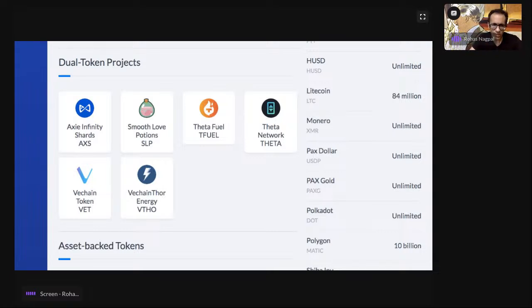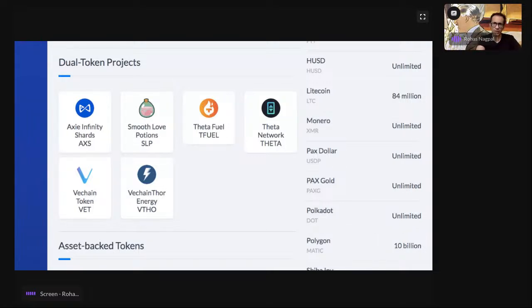But now I'm beginning to see that startups and projects are looking at this very seriously. They've all begun to realize that for most projects, a single token doesn't make sense. So I believe in the long run, every project would have at least two tokens. One would be controlling its ownership, whether it's a DAO token or a security token, that's a different thing. But one for controlling ownership and one for the utility on the platform.